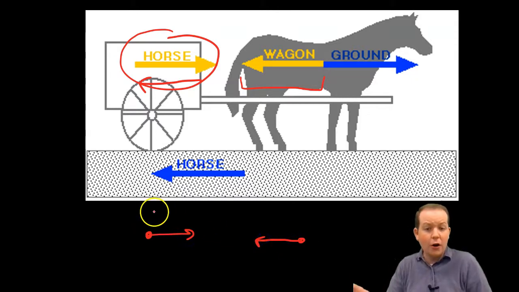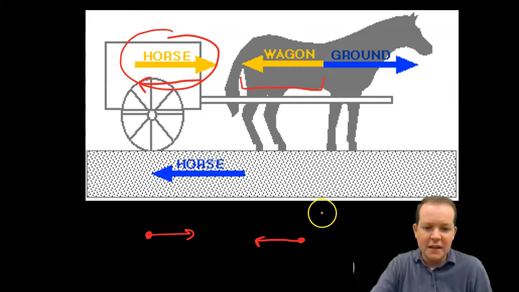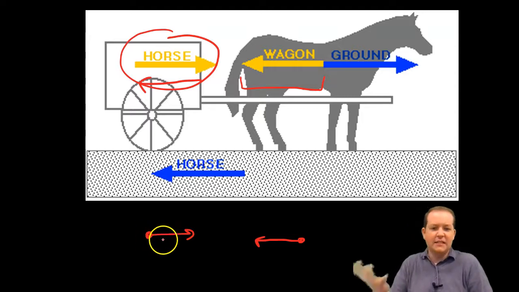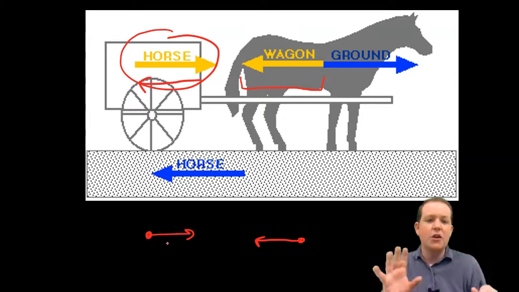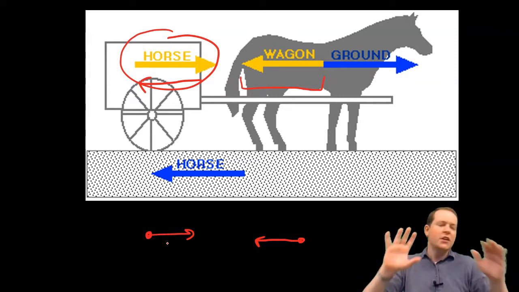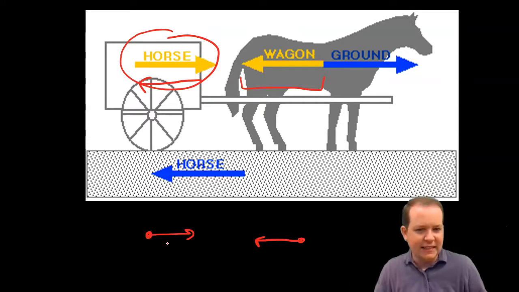I have the cart with one force to the right and the horse with a force to the left. Nothing's canceling. When I do the sum of the forces for this cart, I still have a force acting to the right. Newton's third law says these forces are on different objects. Oh, students always get tripped up by that. That's why things are canceling.